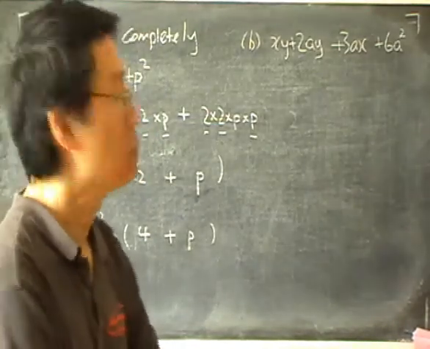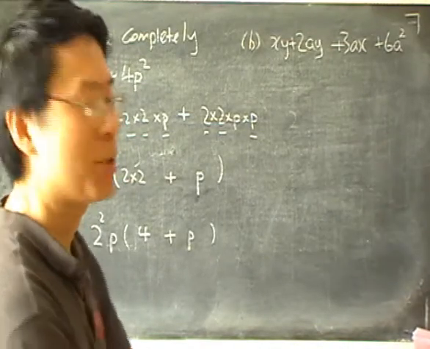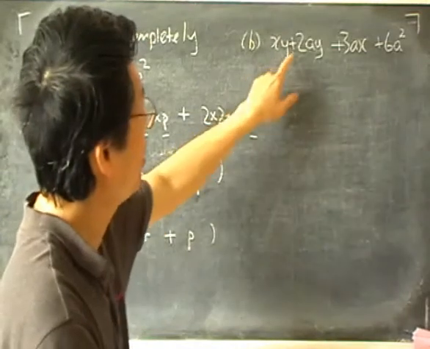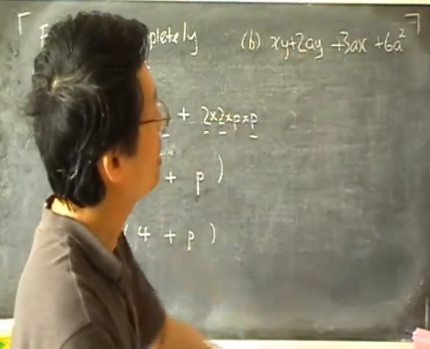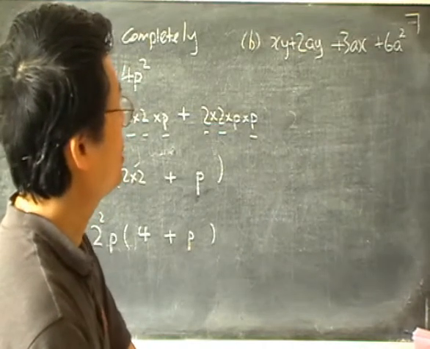Now even that is confusing because there are so many factors. There is the x, the y, the a, and then there are the numbers. So where shall we start?